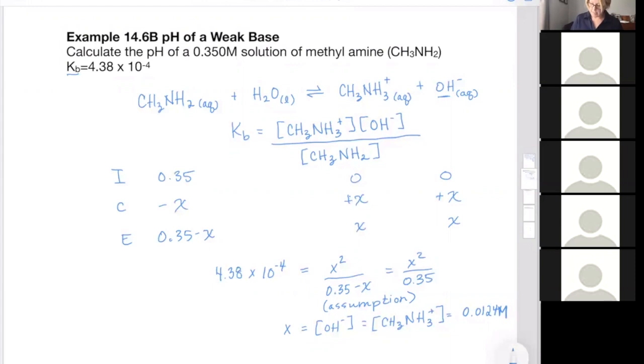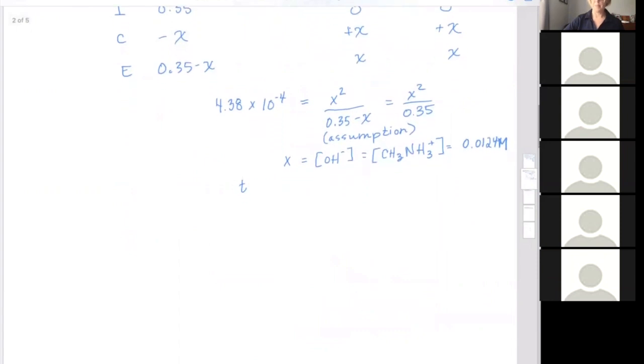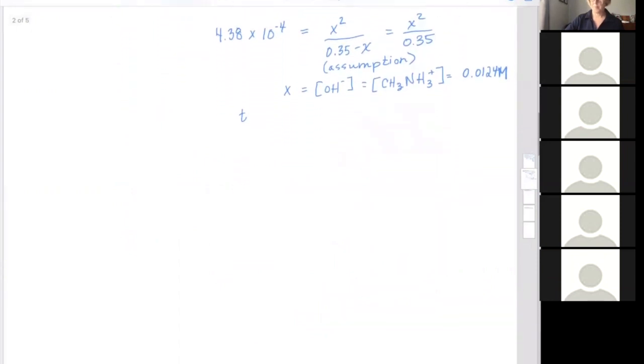And then we can test our assumption. Let me scroll my page here out of the bottom. We're going to test our assumption.